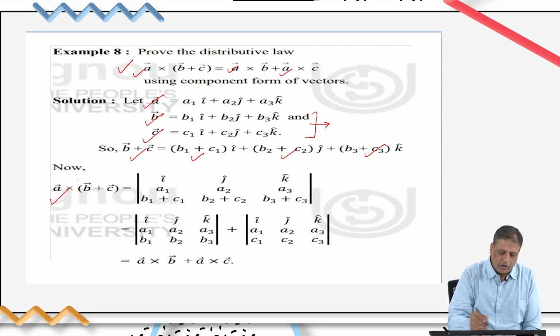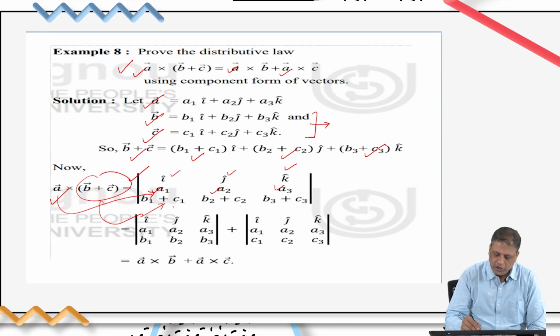Therefore, A cross (B plus C) will be given by the determinant i, j, k, the components of A, that is A1, A2, A3, and the components of B plus C, which are B1 plus C1, B2 plus C2, B3 plus C3.